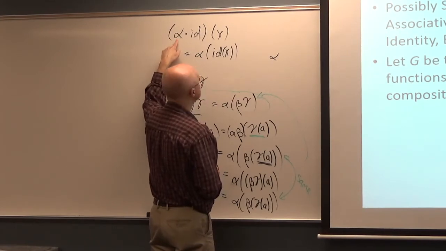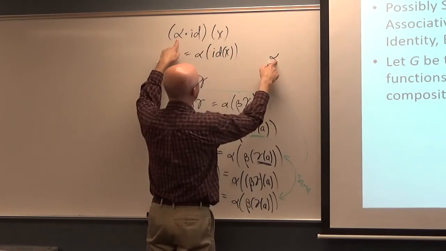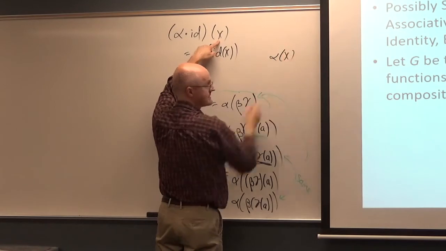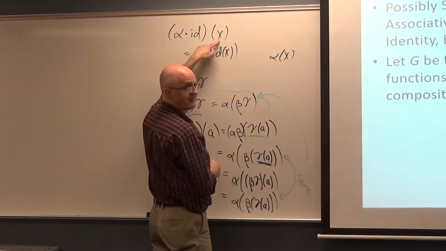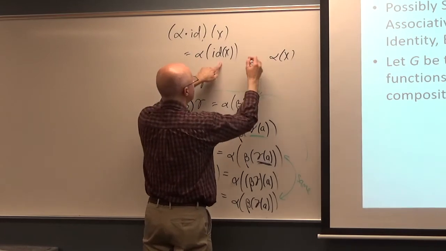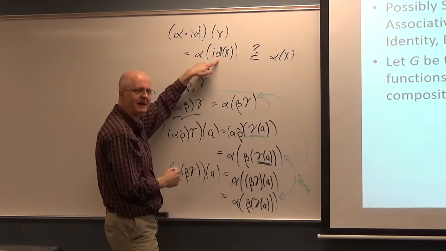The operation is function composition. And what does it mean for this function to be the same function as this function? It would mean that the output for an arbitrary input is the same. I'd want this thing to equal that thing, so I want this to equal this. Is that true? Well, what would ID of x need to be to make that true?